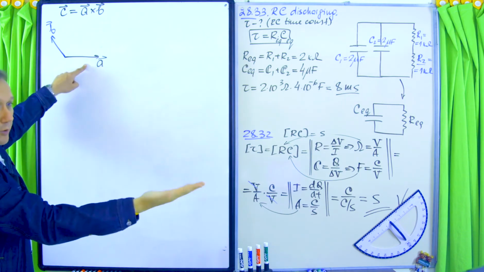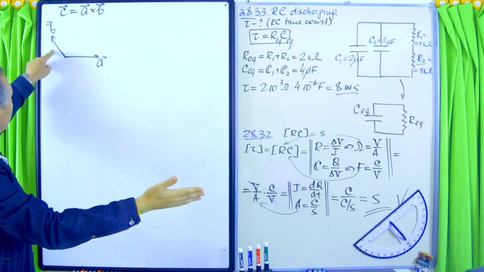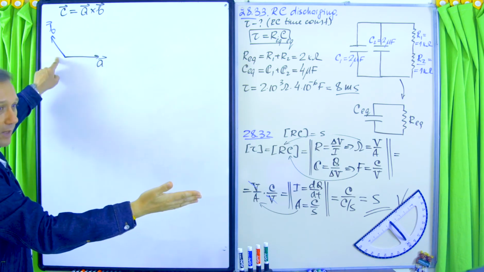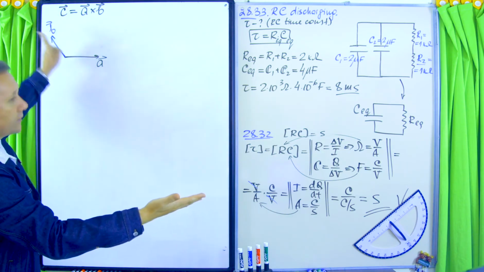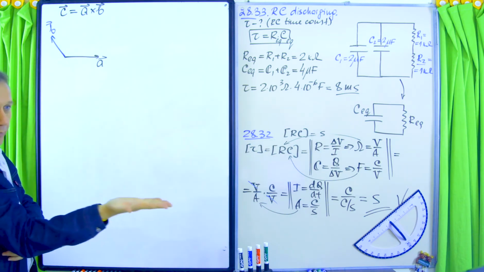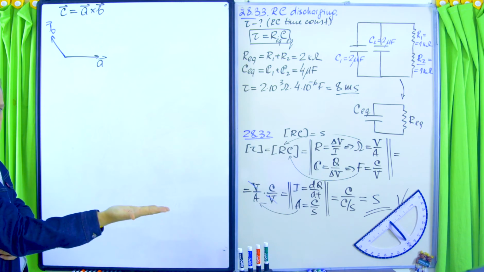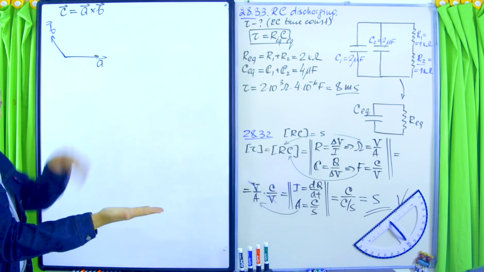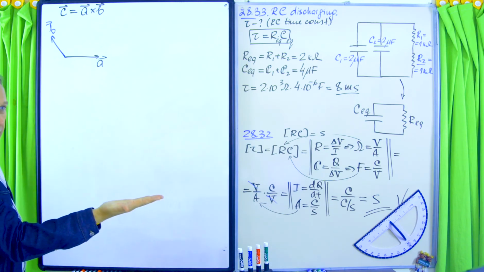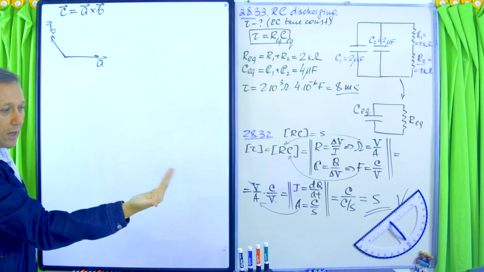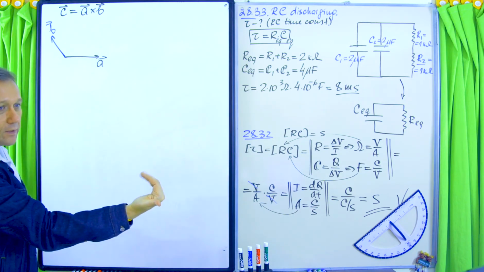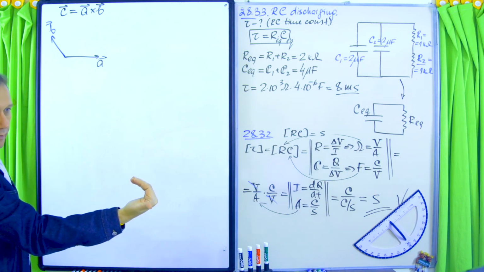Then I need to orient my hand in such a way that I can bend my fingers naturally in the direction of B, so sort of upward. It means that I need to position my hand like this, with my palm up. Only in this case can I bend my fingers in the direction of B.